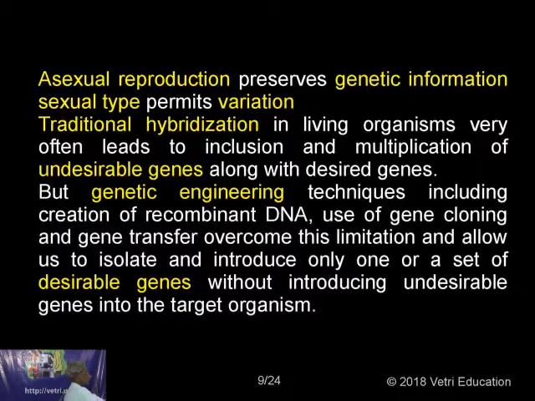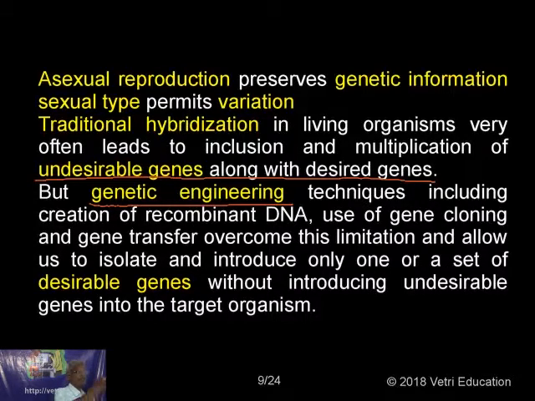So undesirable genes along with the desired genes will enter. But in genetic engineering, this problem could be solved. Genetic engineering techniques, including creation of recombinant DNA, gene cloning and gene transfer, overcome this limitation and allow us to isolate and introduce only one or a set of desirable genes without introducing undesirable genes into the target organism.